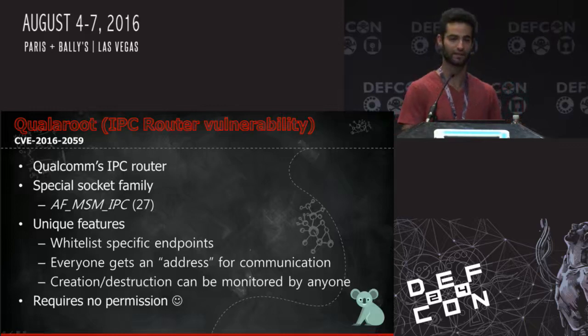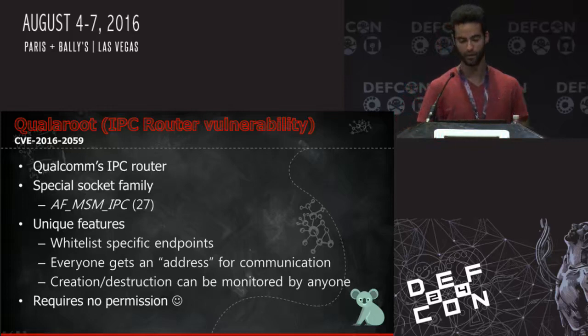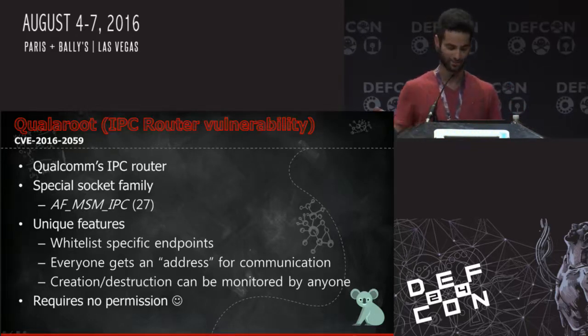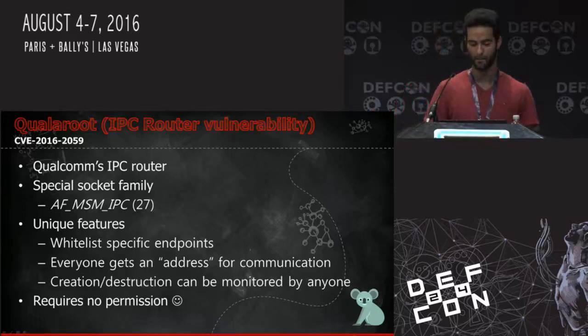And therefore, I can prevent unprivileged processes from communicating with me. And now, another cool feature in this IPC: anyone can monitor the entire system. So, for example, I can get a notification for any creation or destruction of a socket with this address family. And the best thing about it, no permissions are required to do that.